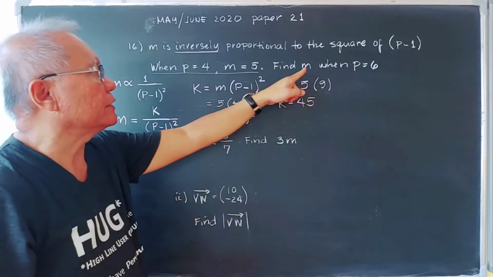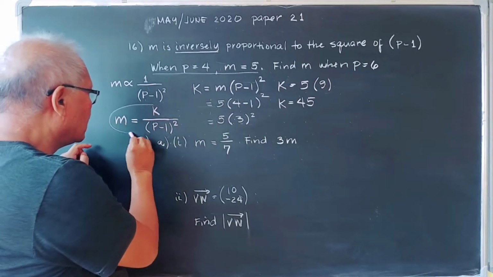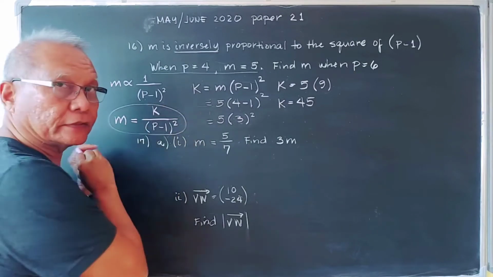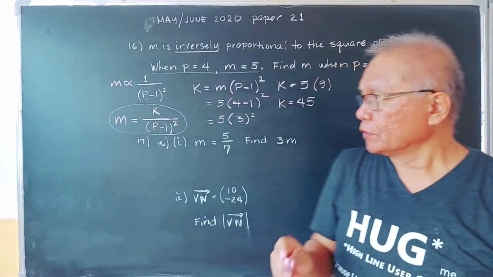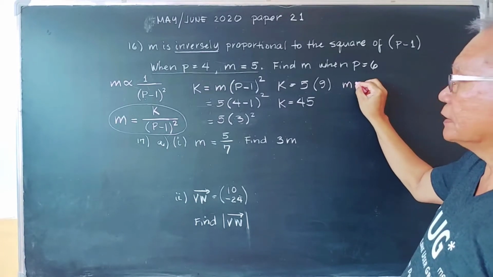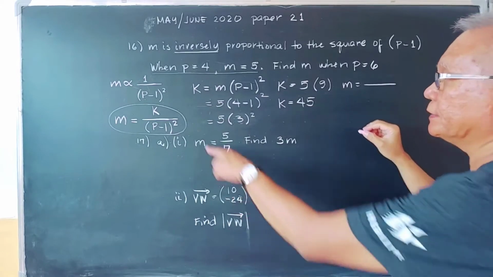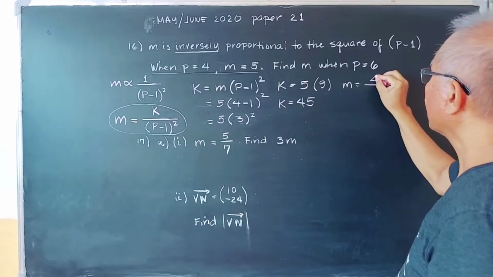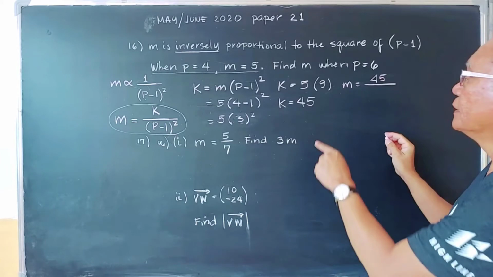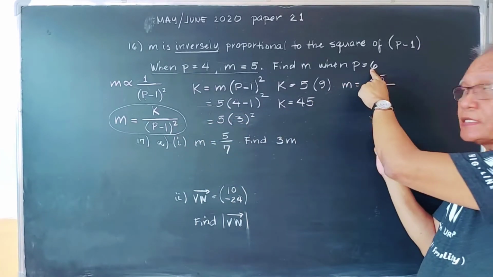Now let us find m when p is equal to 6, and we are going to use this equation now. So here we have m is equal to, we will use now the 45, the k there. So we have 45 here, and then we have the p, which is 6 now.